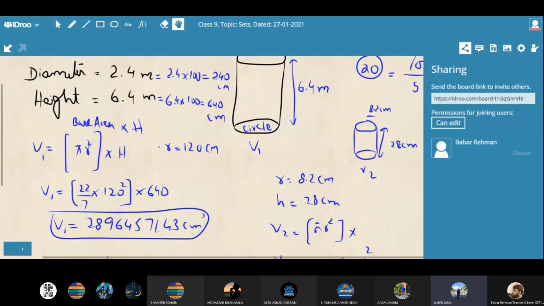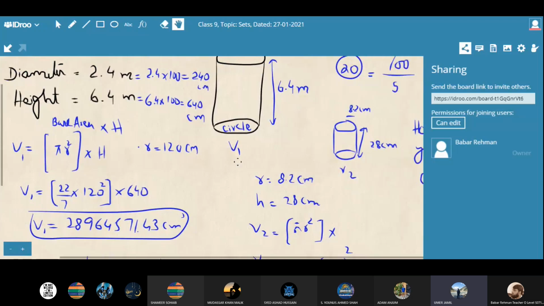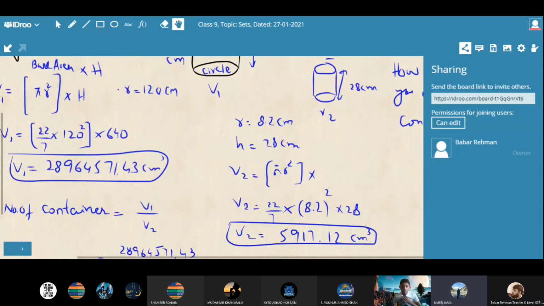So we take 22 upon 7 multiplied by r square, which is 8.2 squared, multiplied by 28. By putting all of these calculations in the calculator, we will get the answer around 5917.12 centimeter cube.